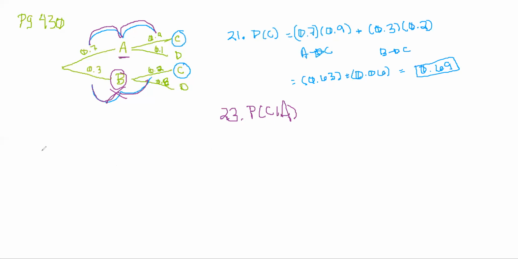We have this whole equation. Do you think we should use this equation right here? Probability of C intersecting with A over the probability of A.